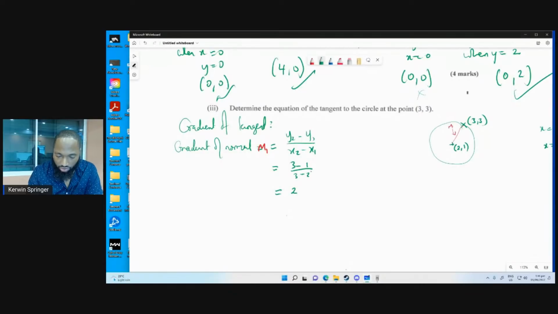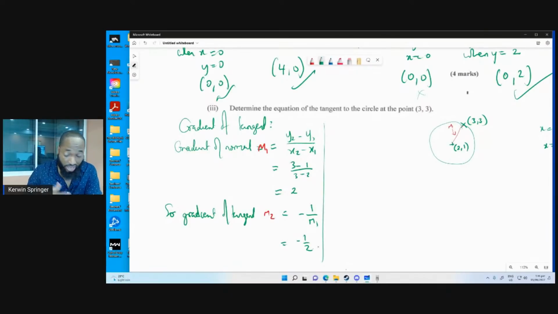So the gradient is 2. The gradient of the tangent, let's call that M2, must be equal to negative 1 over M1, which is negative 1/2, the negative reciprocal.